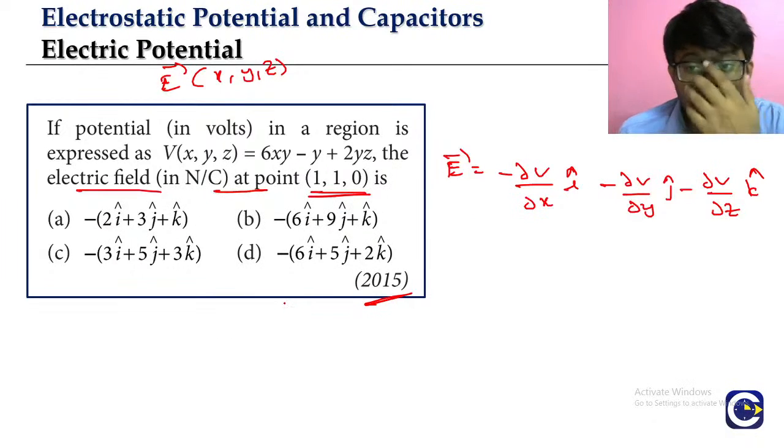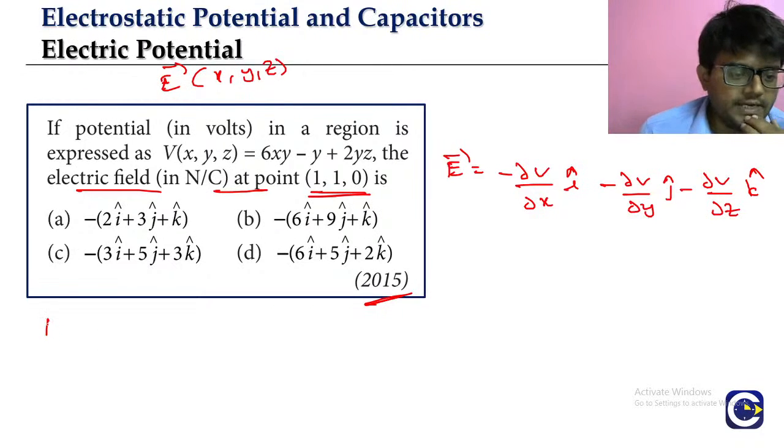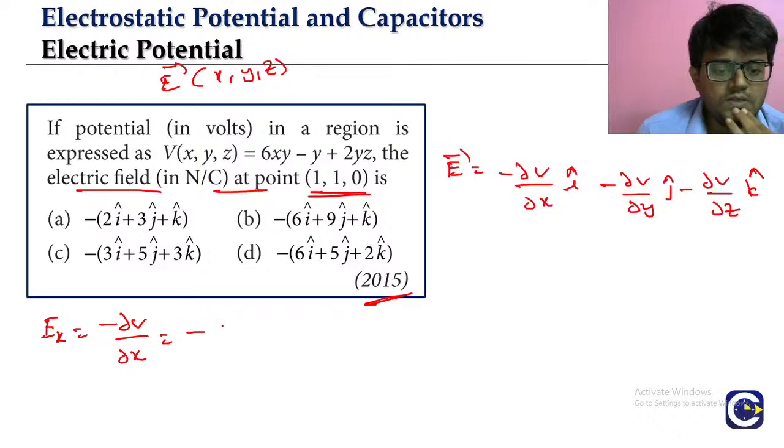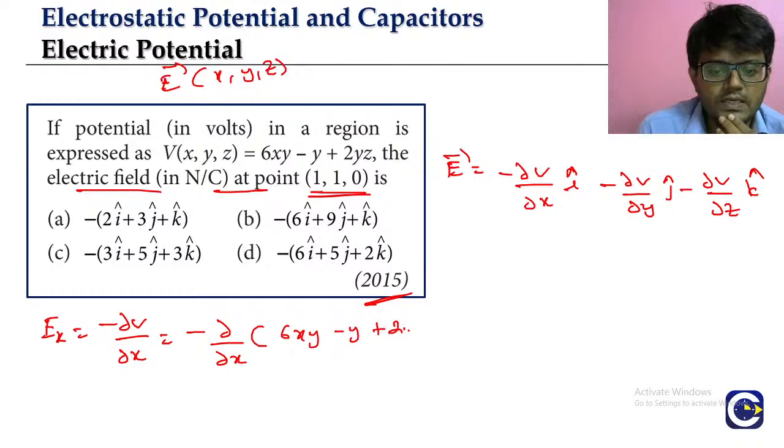Let's go. What is it? First we will try to tackle this x component, minus dou v by dou x. What is the function? 6xy minus y plus 2yz.